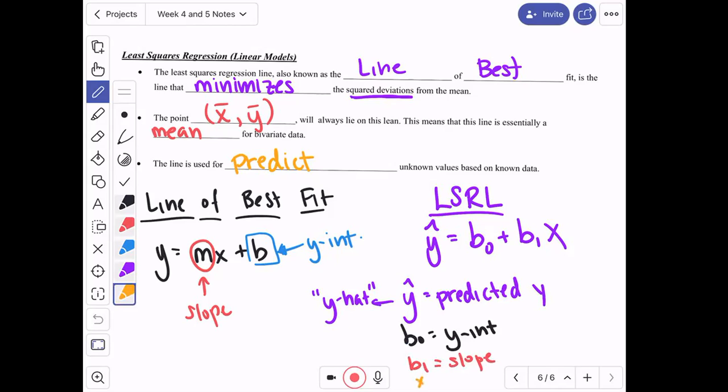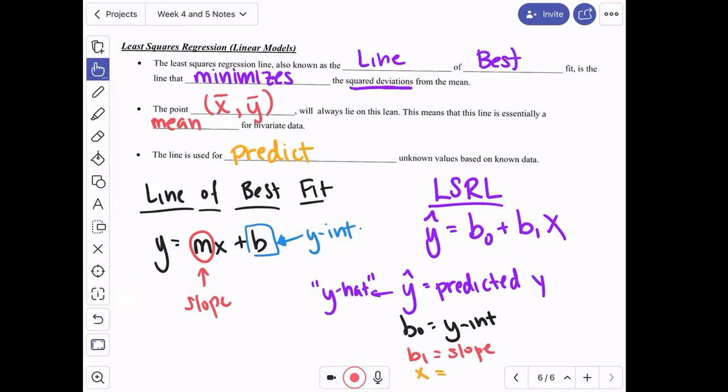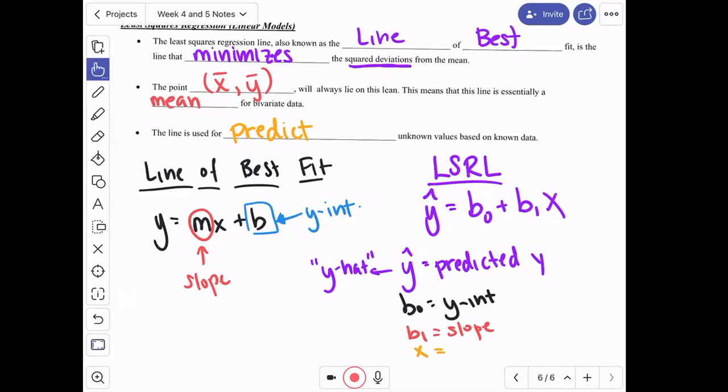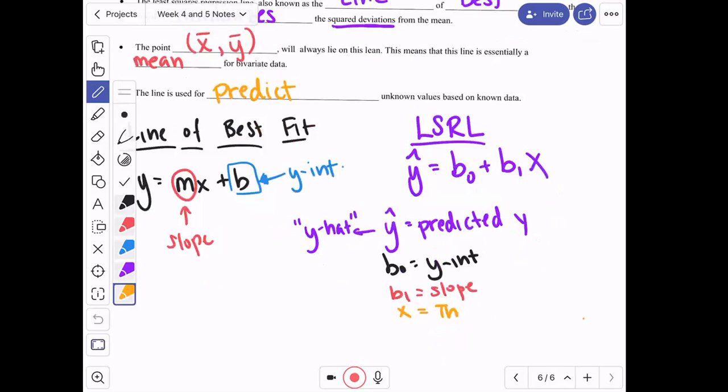And X equals the value at which the prediction is made. This is called the least squares regression equation.